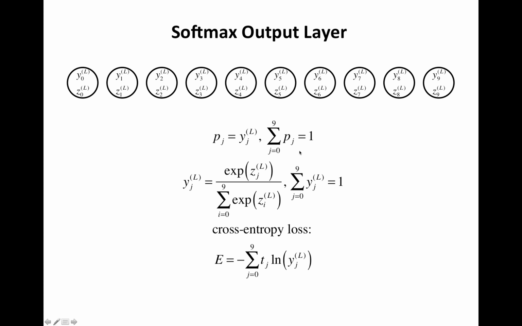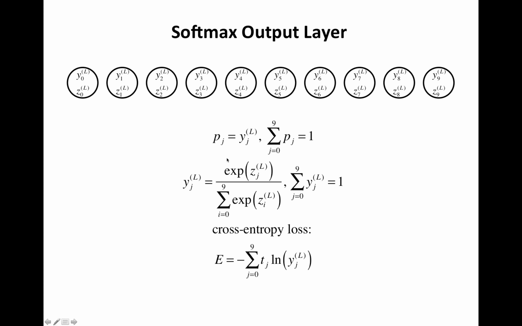Which means, because Pj equals Y j L, the summation of all the neuron outputs Y capital L j for the top layer must equal 1. And this is achieved by using this special output layer, which is called a softmax output layer.